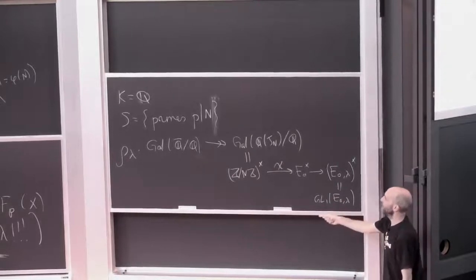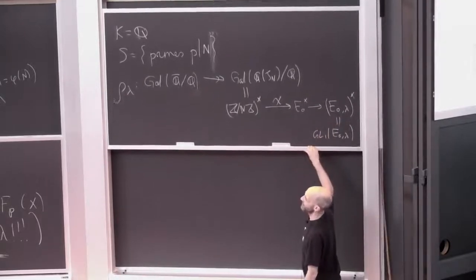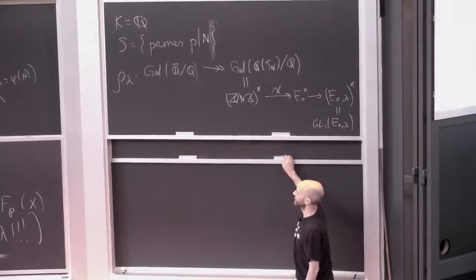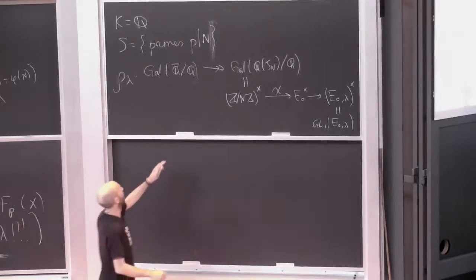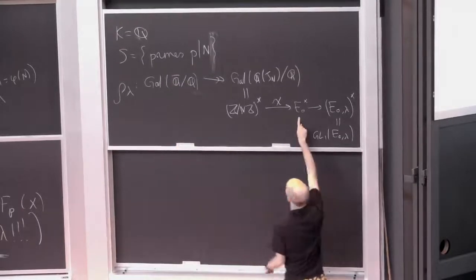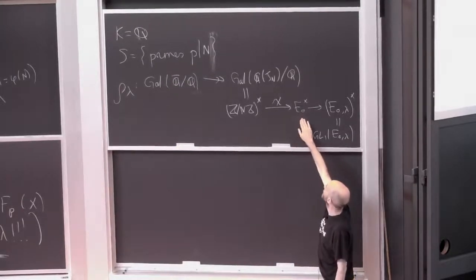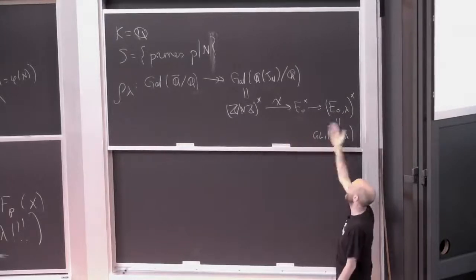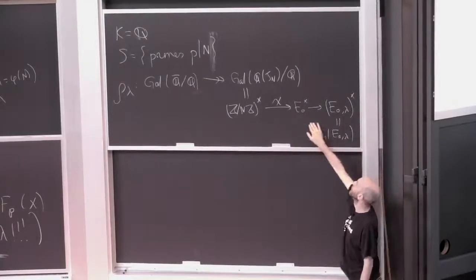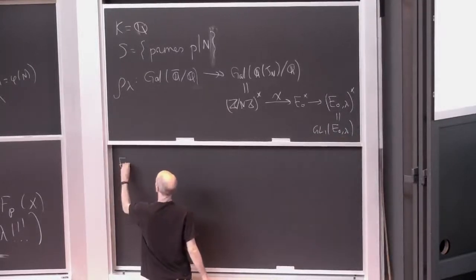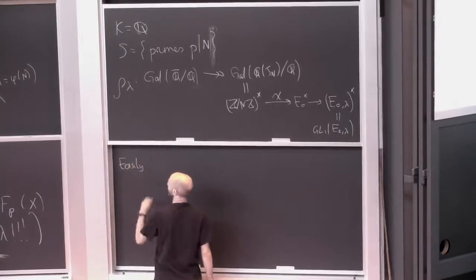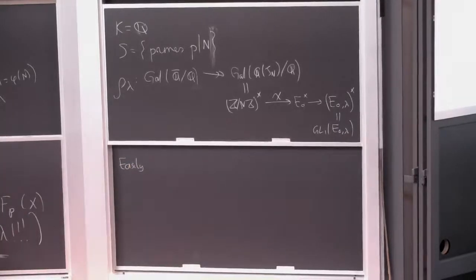Right? So there is a really stupid example of a compatible system of Galois representations. And it's really stupid because it's all the same representation. There's just one representation here. It starts at Gal Q bar over Q and it ends up here with some finite image subgroup. And then all I'm doing is I'm just pretending it's a lambda-adic representation by just embedding that in there. Right? So this is easily checked to be a compatible system, because the amazing thing about the compatible system is everything is independent of lambda, right?